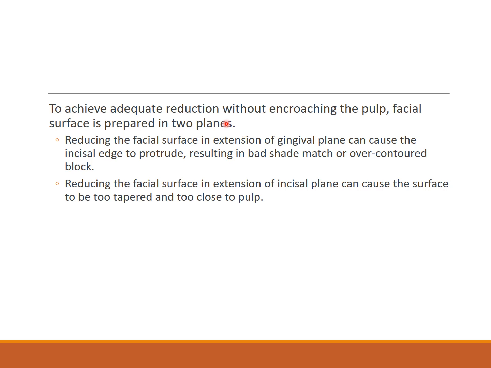Reduction of the facial surface with extension of the gingival plane can cause the incisal edge to protrude, resulting in a bad shade match or an over-contoured crown. Reducing the facial surface with extension of the incisal plane can cause the surface to be tapered and too close.